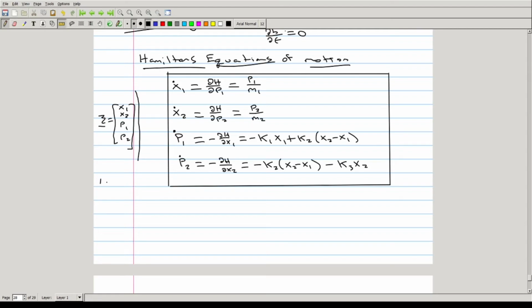Specifically, g of xi is the function p1 over m1, p2 over m2, then negative k1 x1 plus k2 times x2 minus x1, and negative k2 times x2 minus x1 minus k3 x2.